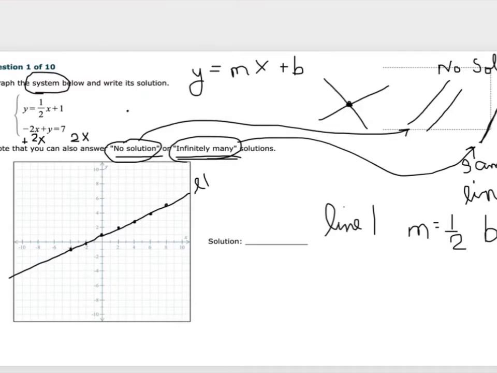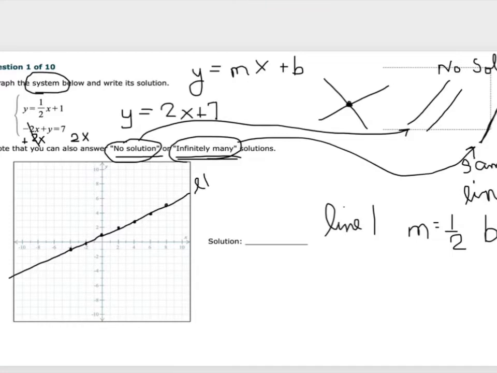Okay, so we're going to have on the second line y equals. These two are going to cancel. We're going to be left with y equals 2x plus 7.